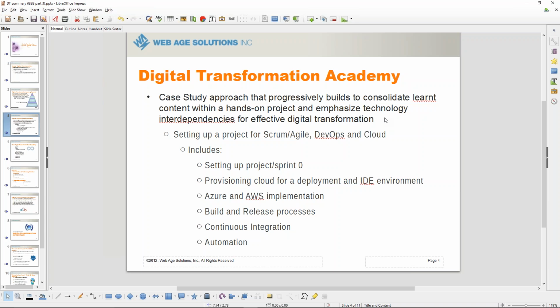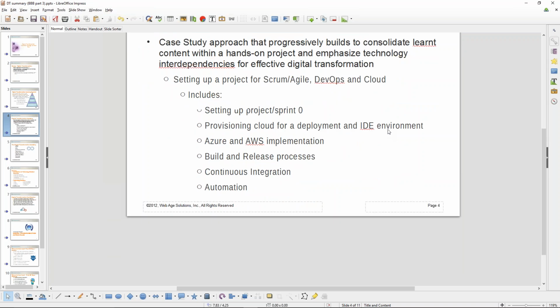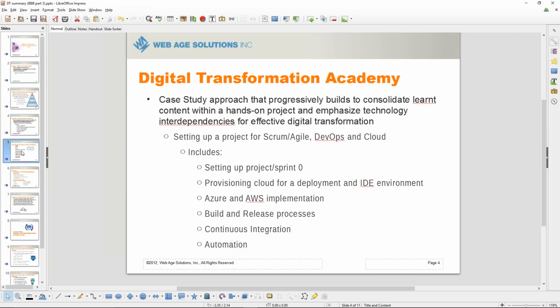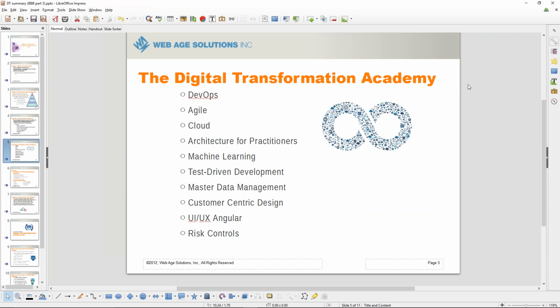Setting up a project that does this, building Sprint 0, getting a cloud set up, getting the Amazon Web Services set up, Azure, setting up the build and release processes, continuous integration, automation. Getting set up into the foundations of the DevOps approach, getting the process agile in place, getting TDD started, though it's generally a long process to be doing TDD as well as we can.